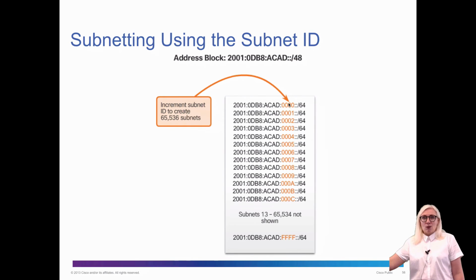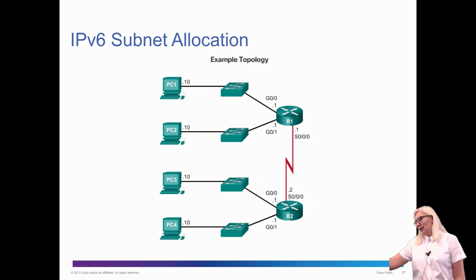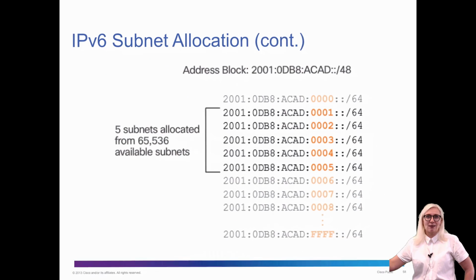And then I get 0000, 0001, 0002, 0003, 0004, and so on, up to all Fs, which is the highest hexadecimal value of 16 bits. So basically, we can still do subnetting when we are doing IP version 6, but the need for subnetting is not that large.